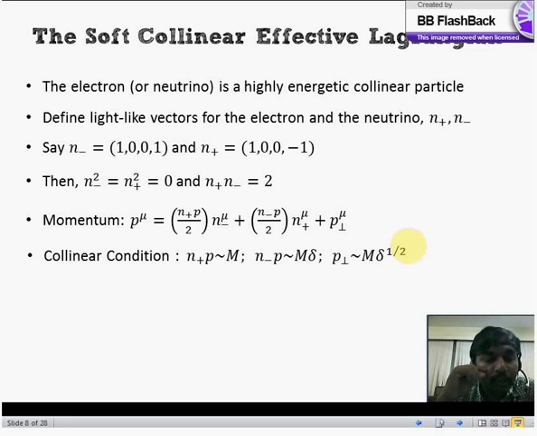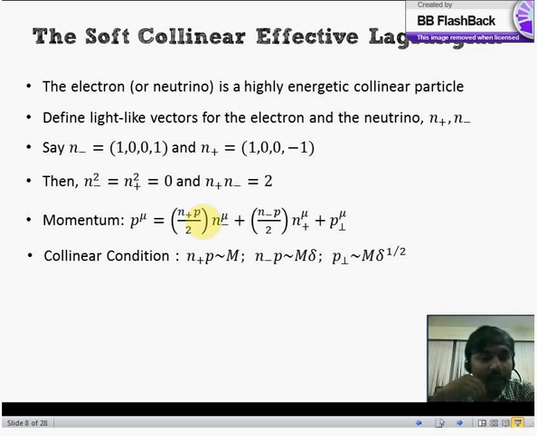And the collinear condition is just this part, which is the coefficient of n minus, the direction in which the electron is going. That has to be a hard part, which is just m, because the electron is obviously very hard.